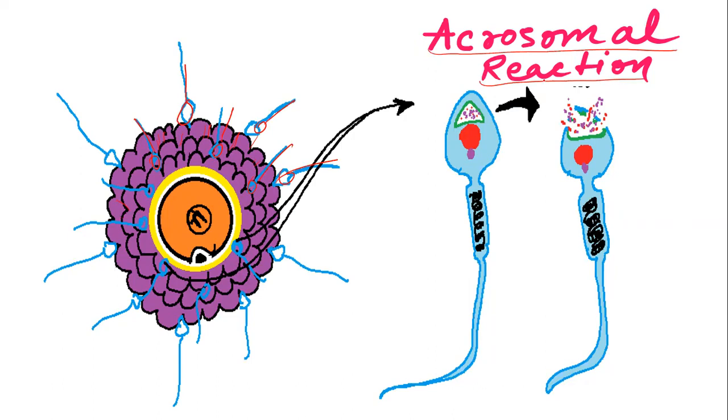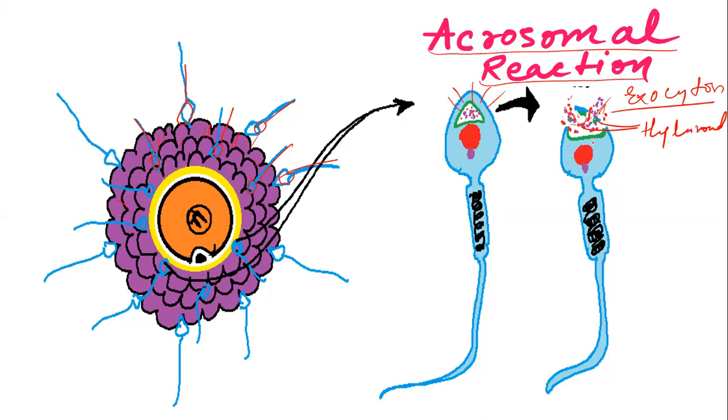The acrosomal reaction is nothing but the exocytosis of this cap. Through this exocytosis, the enzymes present in the acrosomal cap will come out.